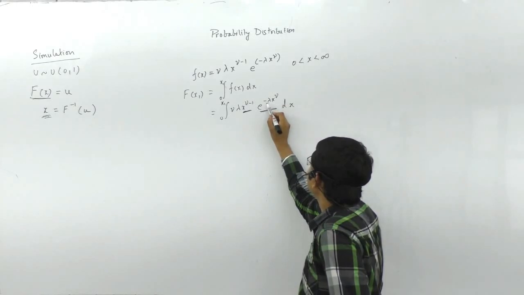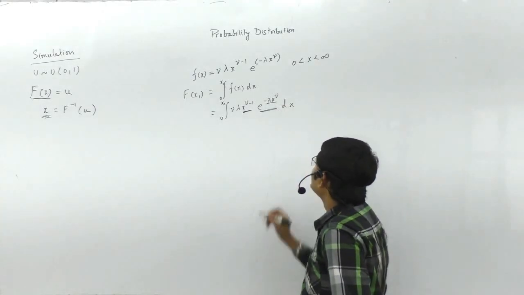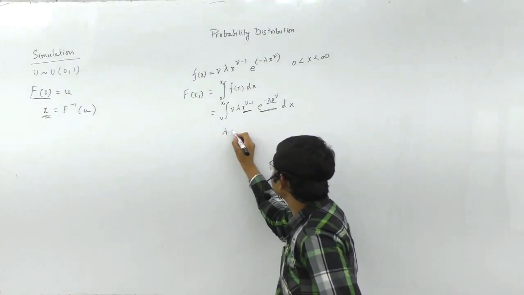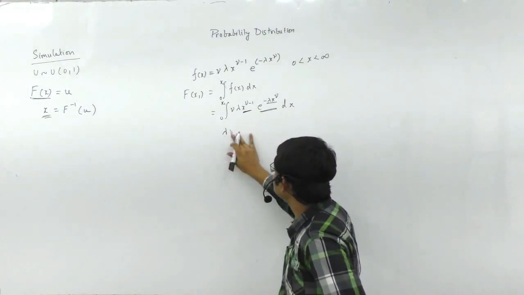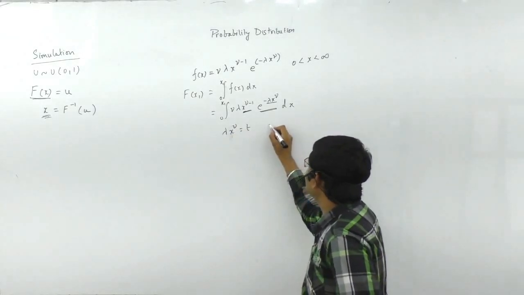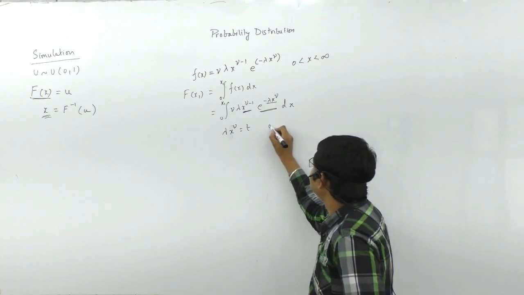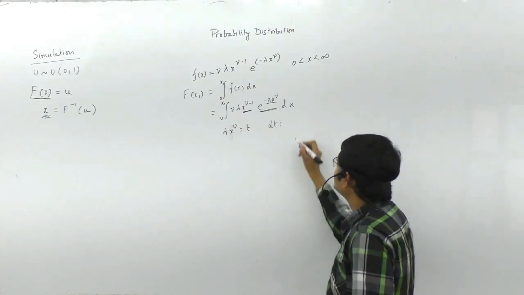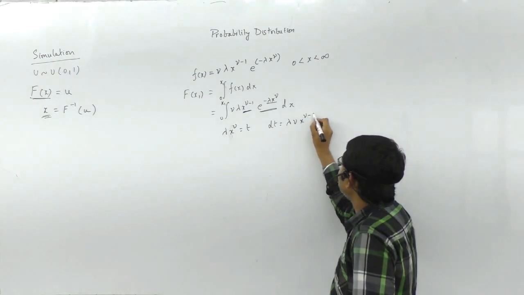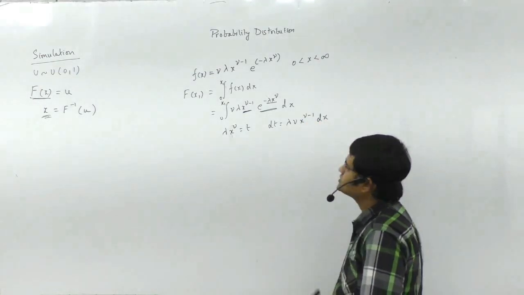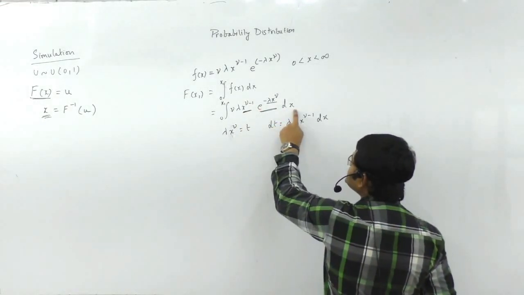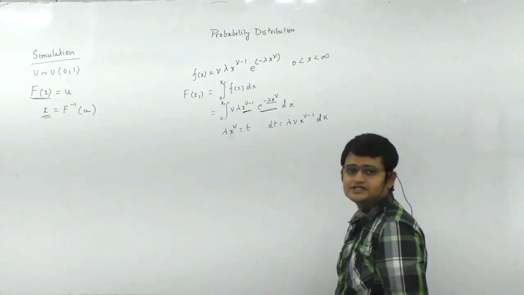If I substitute lambda x raised to nu as my t, then my dt will be equal to lambda nu x raised to nu minus 1 dx. So this particular x raised to nu minus 1 dx will be substituted as dt.